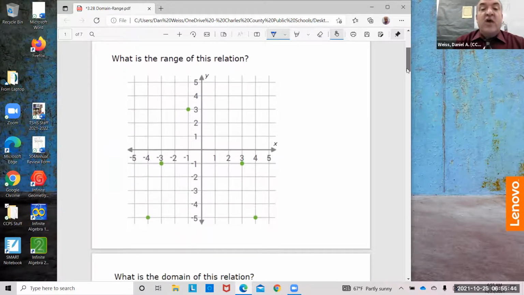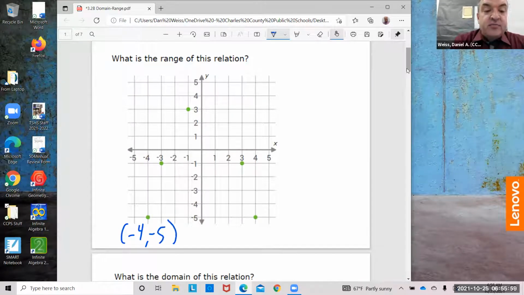What's the range? The range is the y values. Well, what are the y values? Here is -4, -5. Here is -3, -1. Here is -1, 3.